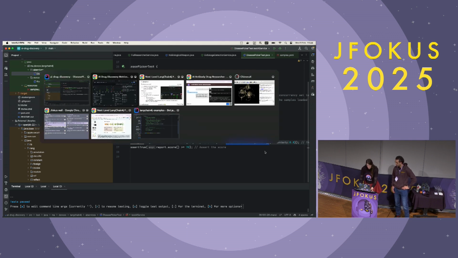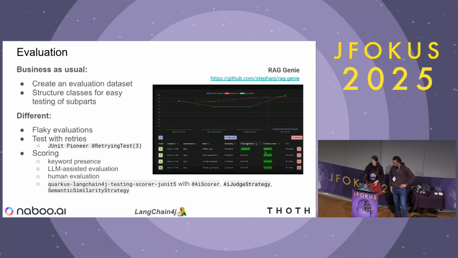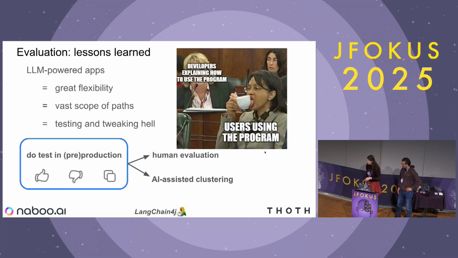So that's really cool. Now, testing it well is one thing, but we learned something from real life where I work at Naboo. Even if all your tests run well, it doesn't mean you have all your paths covered, because with AI-powered apps, users can send in anything, and they expect a good result back. That's why we add the thumbs up, thumbs down that you see in many AI apps.